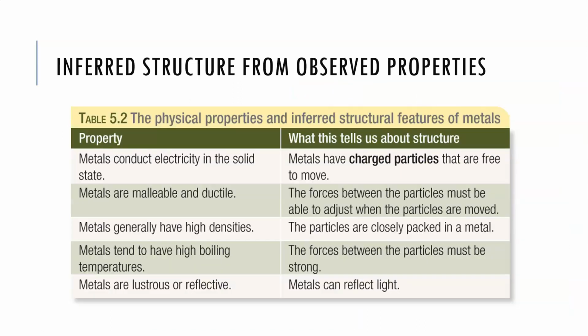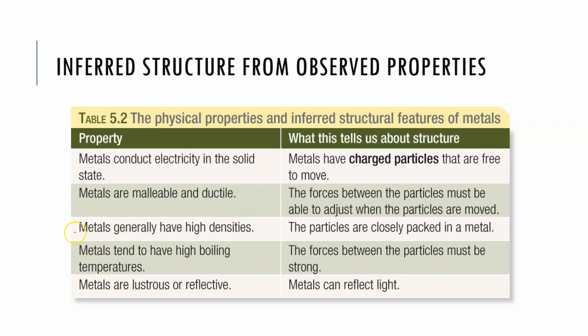If we look at the structure in terms of properties, we can see that the structure gives rise to the properties. So we talk about the fact that metals have charged particles that are free to move, so this allows them to conduct electricity. The forces between the particles must be able to adjust when they are moved, because when we hammer them, we see that they are malleable or ductile.